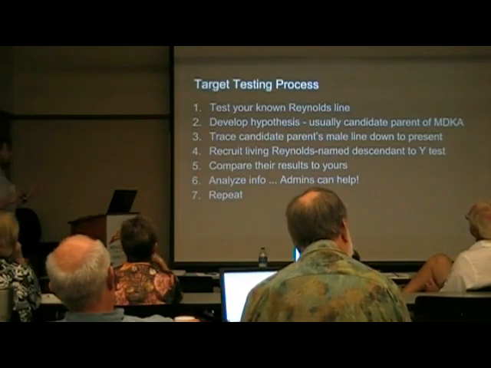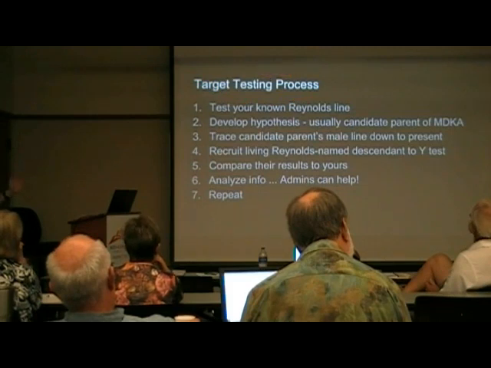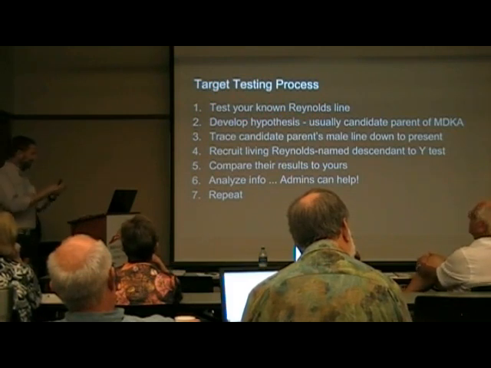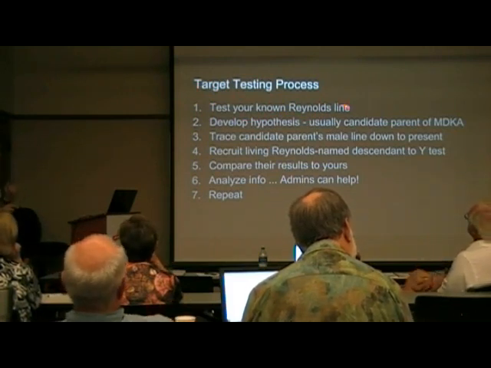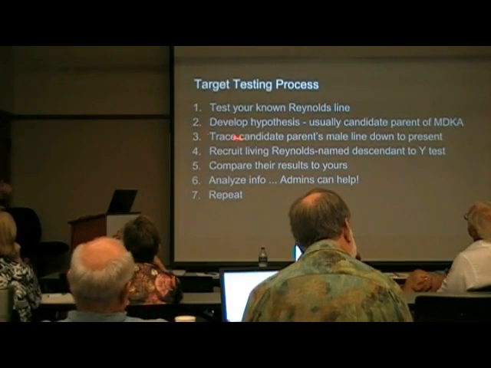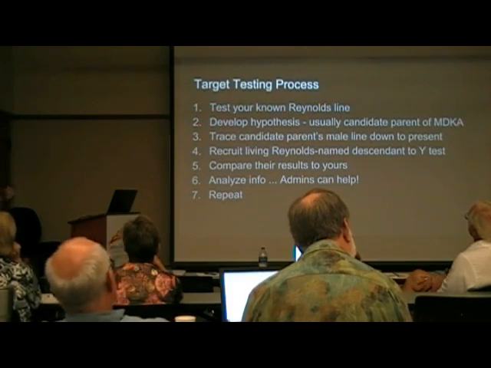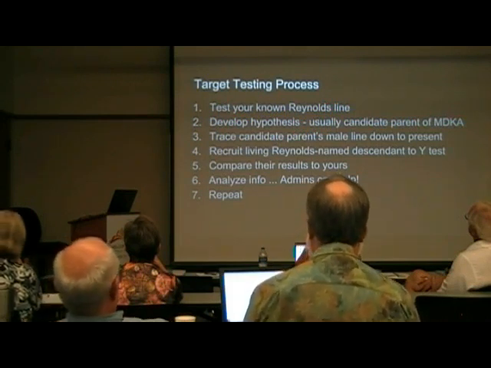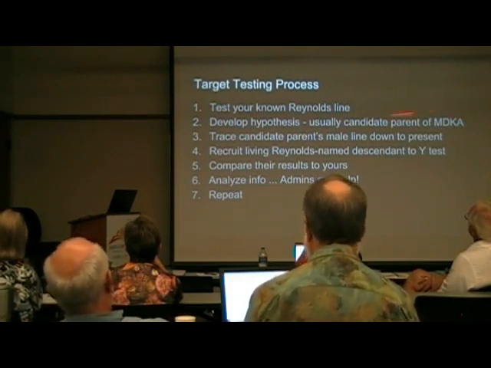In a general sense, the process for targeted testing goes something like this. You test your own line, so you have full confidence in your baseline. Then you develop a hypothesis. It could be something like, Isaac is the father of my most distant known ancestor, Joseph.